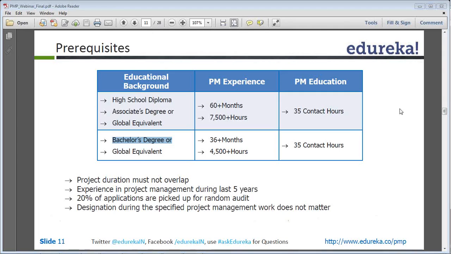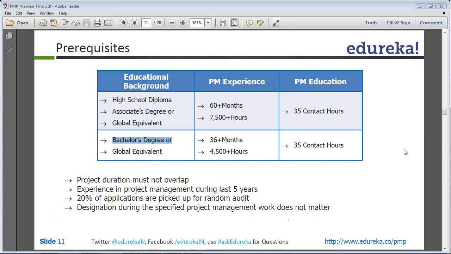Now there is a question: what if someone doesn't have project management experience but has experience of 13 years, can that person do PMP? The application form requires you to fill up project management experience. So if you are doing only coding or only development activity, or support activity, where there are no project management activities, you cannot sit for the PMP exam.